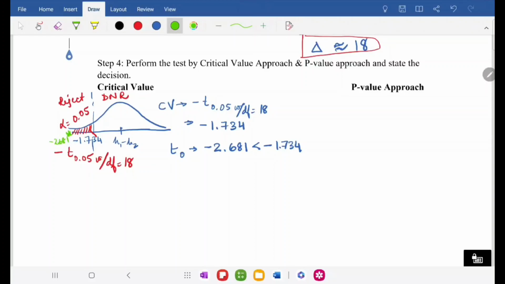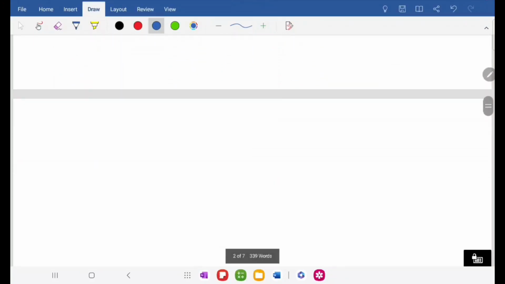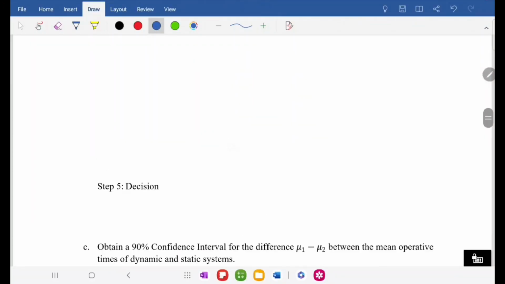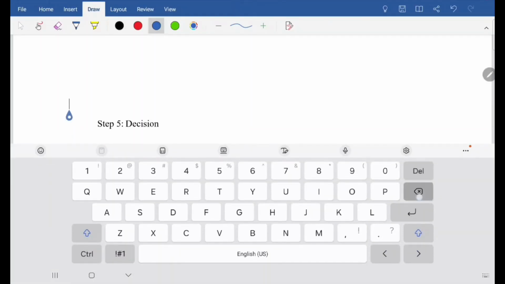All right, it falls. You have to write that in which region it falls. Falls in reject region. Therefore, the decision would be to reject.